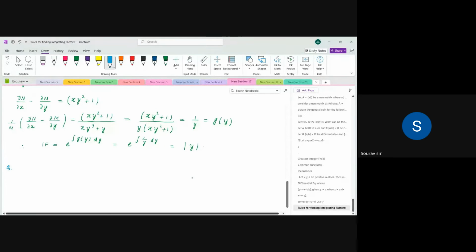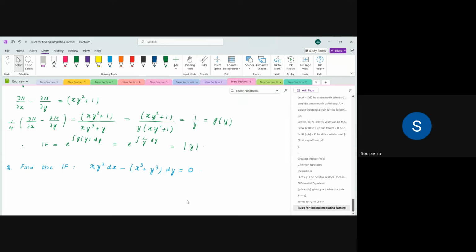So find the integrating factor for xy squared dx. First of all, I want you to try and tell me which form fits this differential equation.